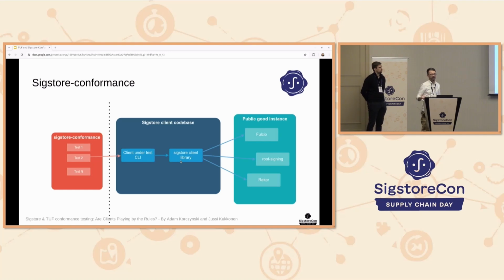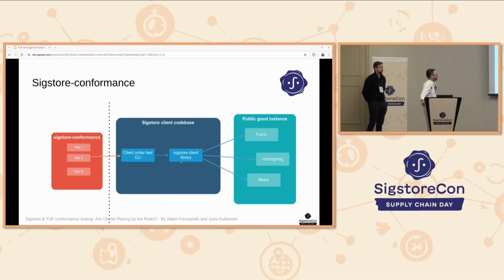So the CLI inputs might include things like an OIDC token for the signing, and a signature bundle in the verification case. The output in the signing case would be the signature bundle, and in the verification case, the only output we have is whether the verification succeeded or not.